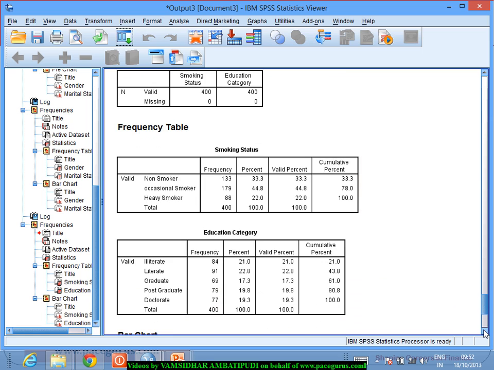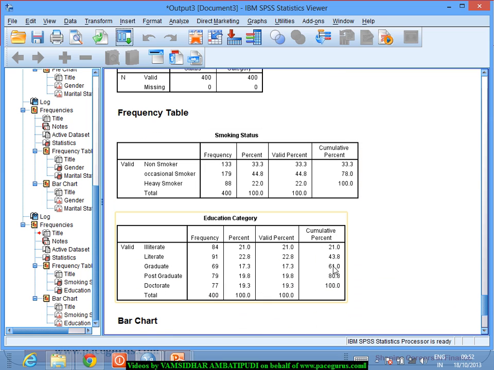Or probably my data is having 61% of the people who are graduates and below. Because there is an ordering in the data, we can very well make these kind of conclusions. 61% of my total people are graduates and below, which means 39% of the population are above graduates. Such kind of simple comparisons also can come out when we are working with ordinal data.